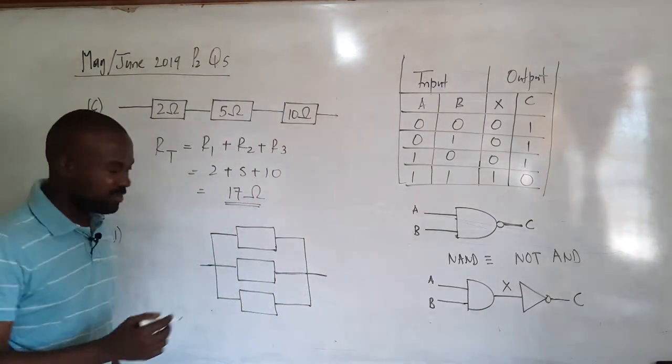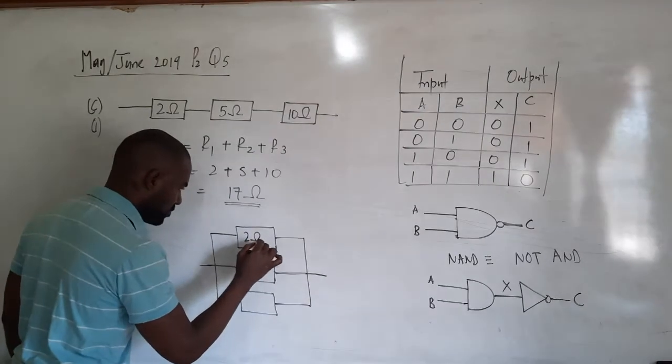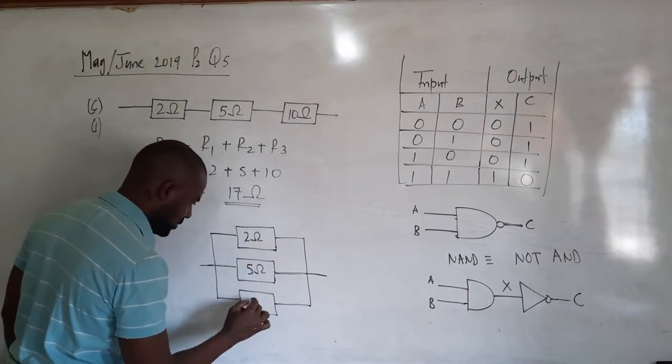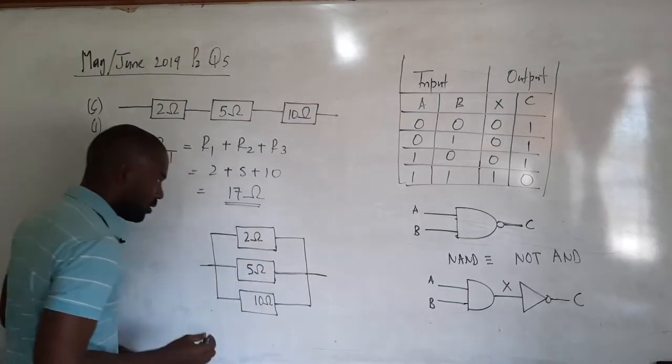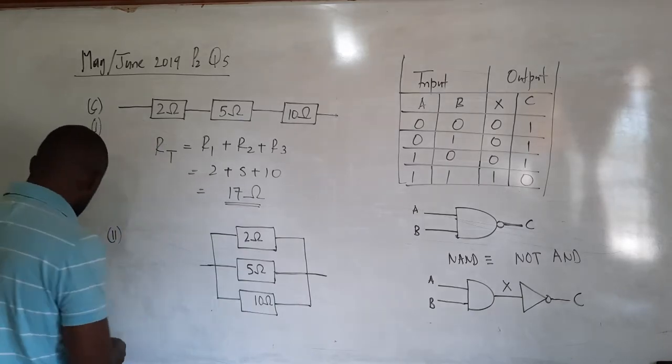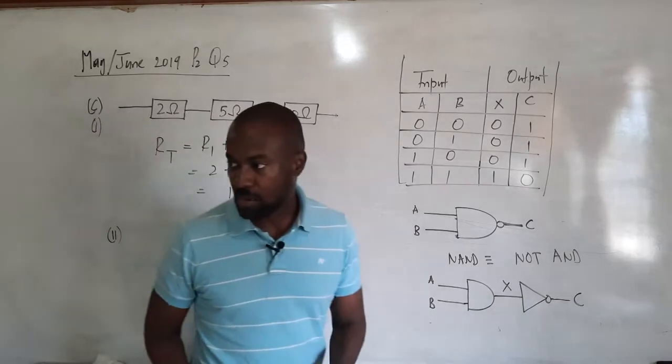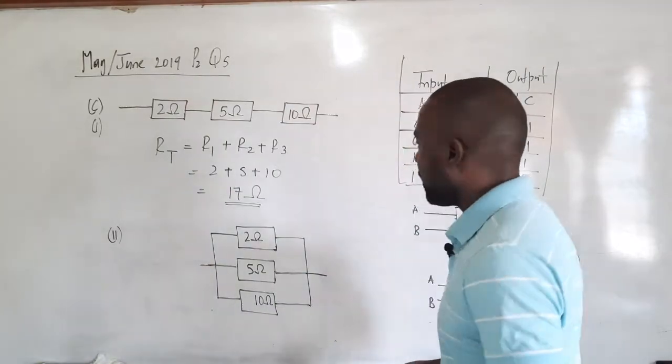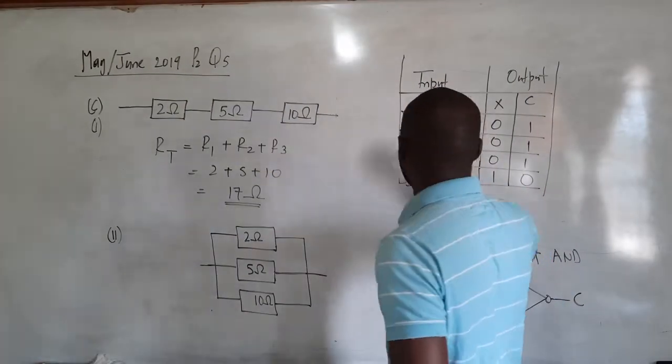Right? So this is a 2 ohm, 5 ohm, 10 ohm. Now we're asked to find the equivalent resistance of the resistors in figure 6. So this is figure 6, that would have been figure 5.